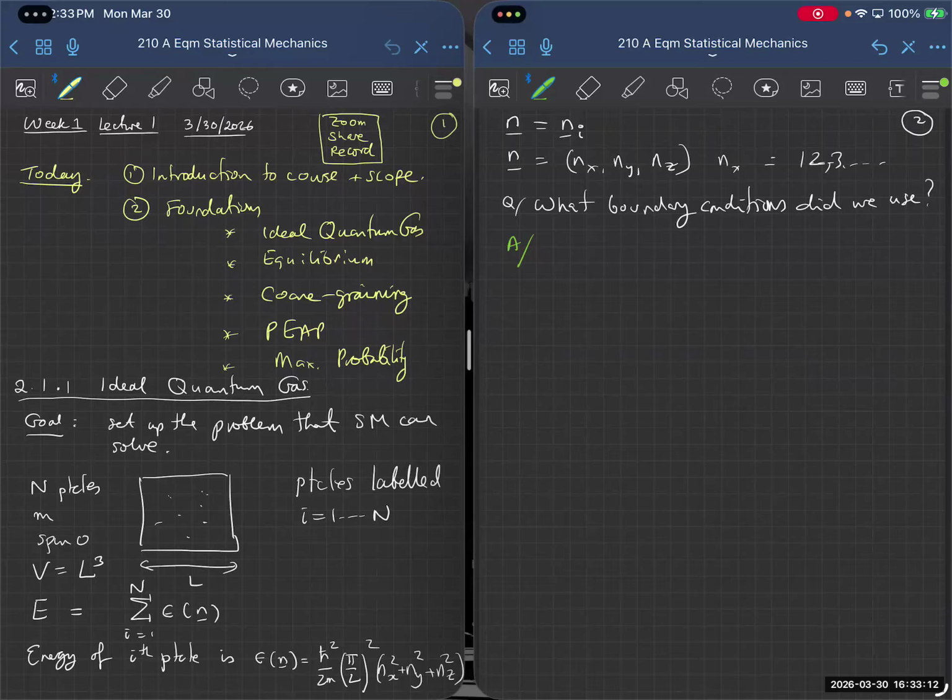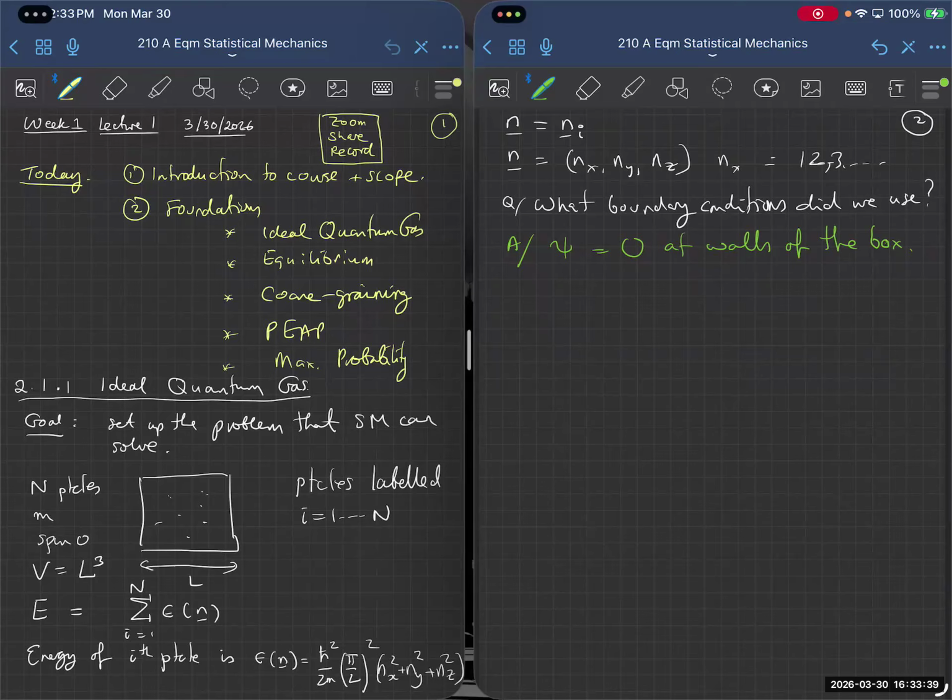I got this from solving the Schrödinger equation, so what boundary conditions do I use? Psi is 0 at the edges or the ends of the box. Yep, so the answer is that psi equals 0 at the walls of the box. That's correct. Anybody here not know what I mean by the question? What are the boundary conditions? Everybody happy? Okay.